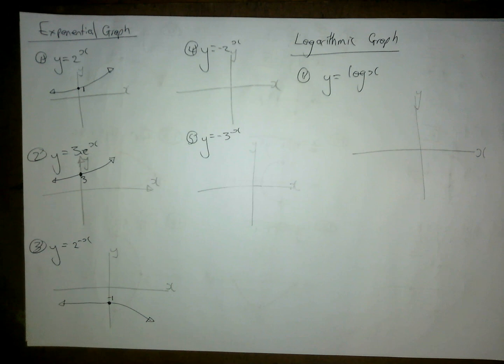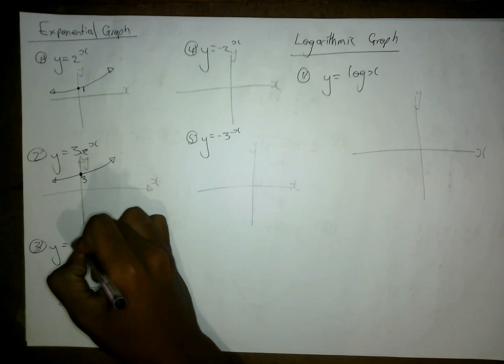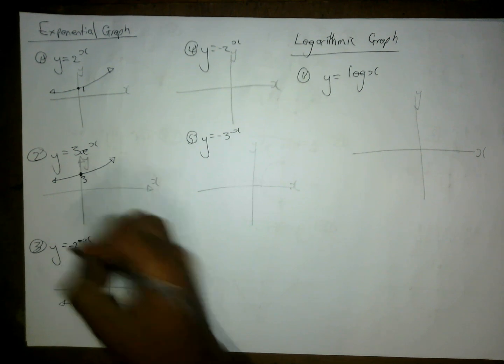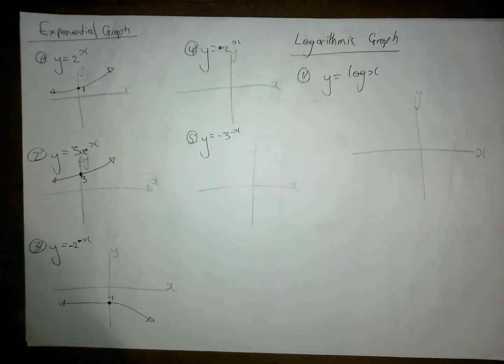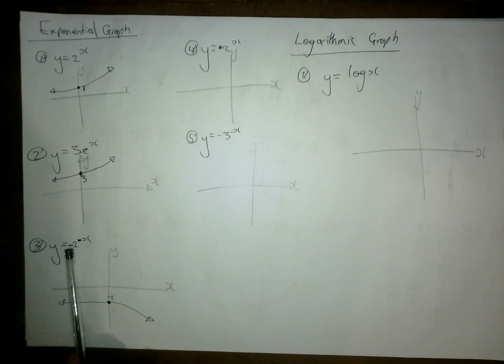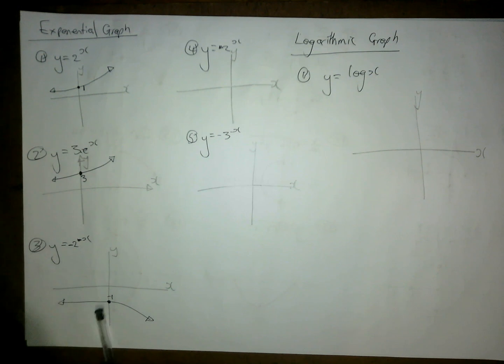Now number 4, I think I did it wrong. I think I mixed it up. Yeah, I mixed it up. My bad. We are all tired now. It's negative 2. The negative 2 puts it on the negative side of the graph.